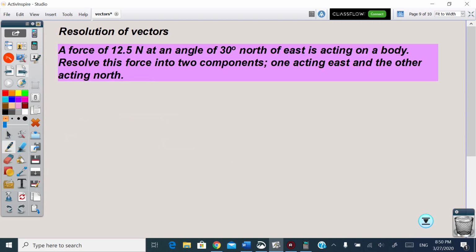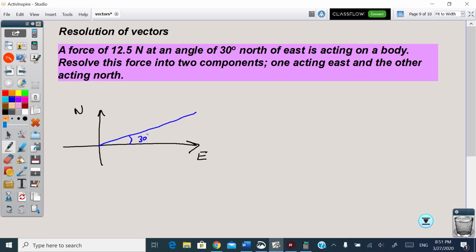And finally, we have a force of 12.5 newtons at an angle of 30 degrees north of east. So if this is east and this is north, the force is at an angle of 30 degrees north of east.